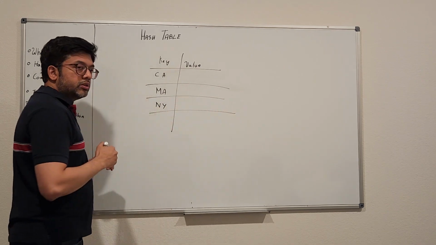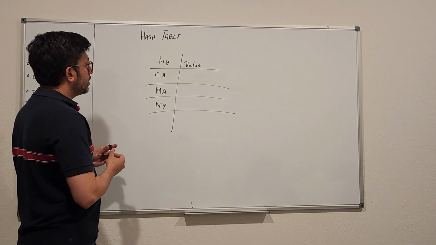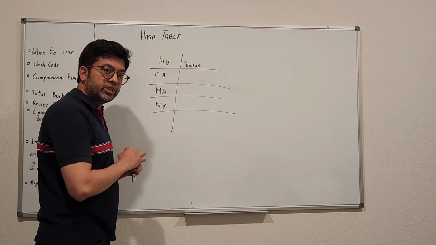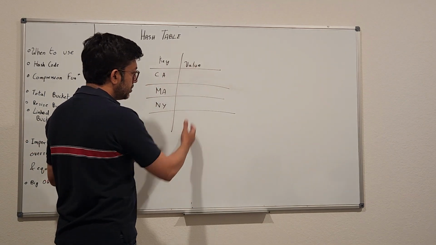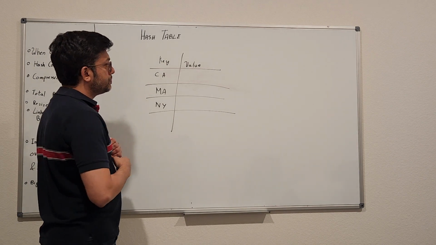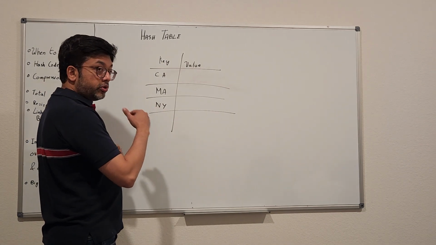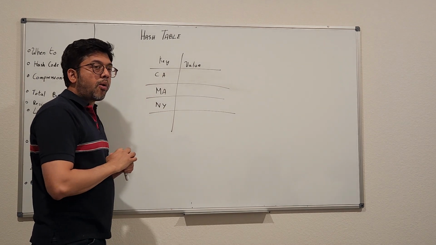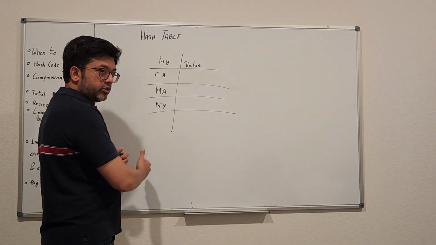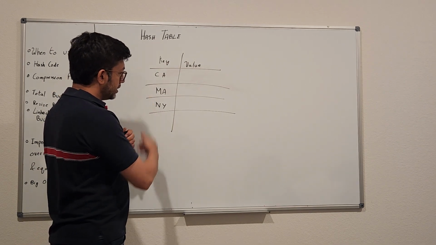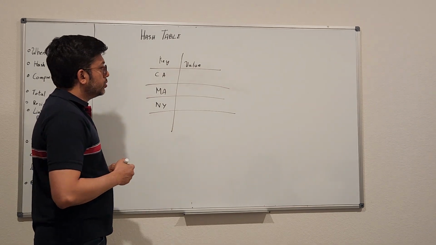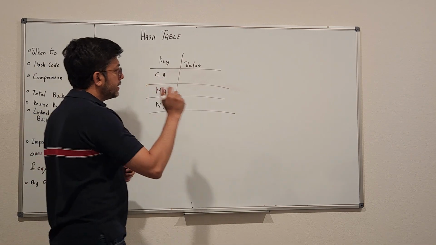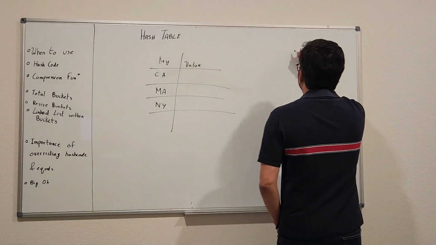So we have a requirement where we are given a key which is the abbreviation of a state, and we want to look up the details on that state very fast. Before we do that, we need to find a hash code, which is an integer value for every key.